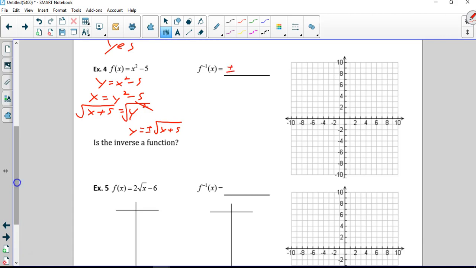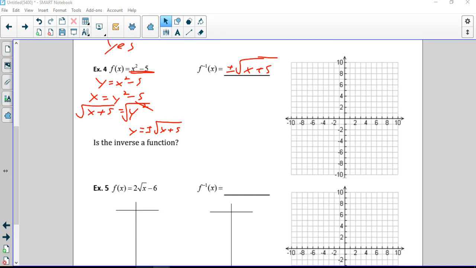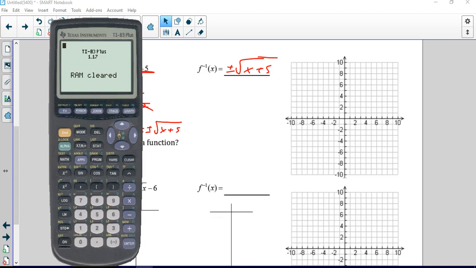So, plus or minus square root of x plus 5. Now remember, you can plug this into your calculator right here. X squared minus 5. It's just a classic parabola, move down, and then use your points to your table to get some points.